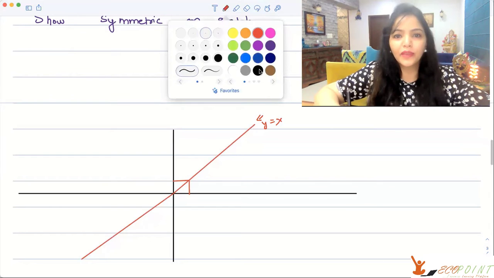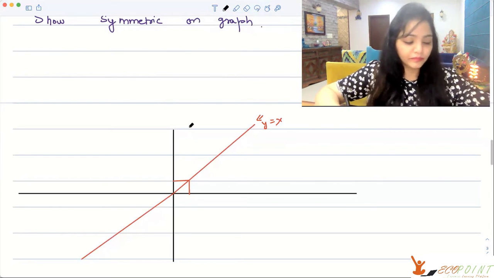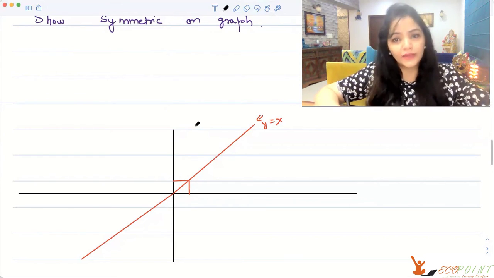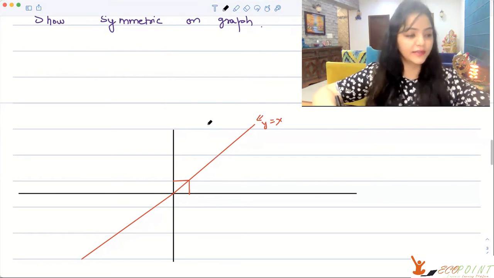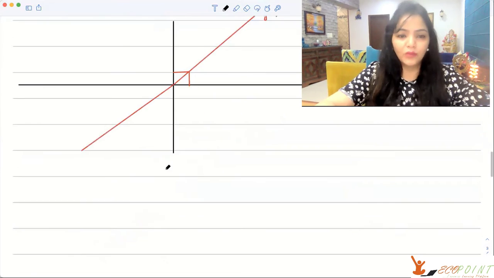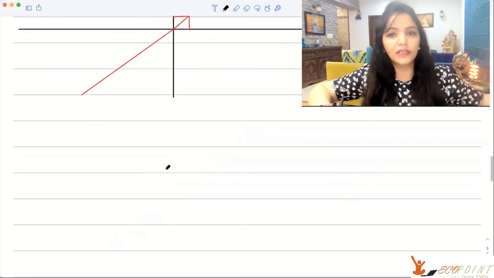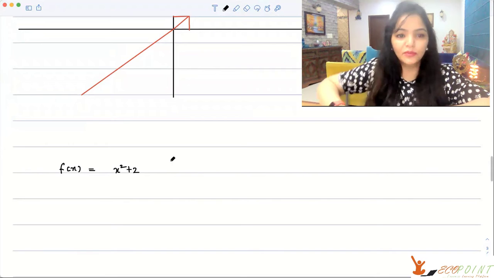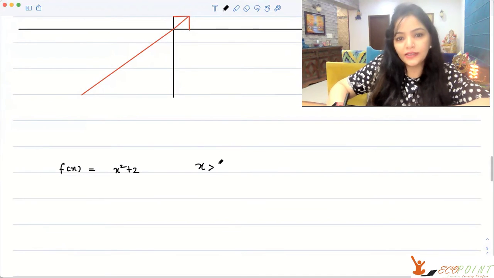Okay, guys. So what do we have here? We have f(x) and we have g(x). Let's analyze this. What will it look like? So f(x) is equal to x square plus 2, where x is greater than 0.